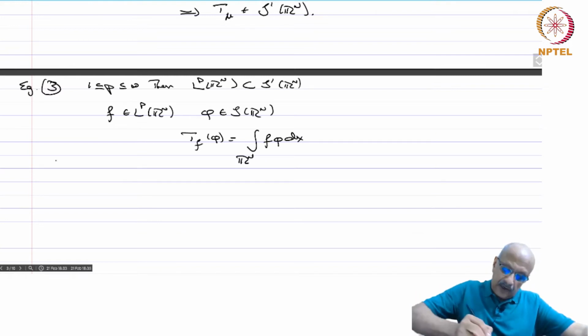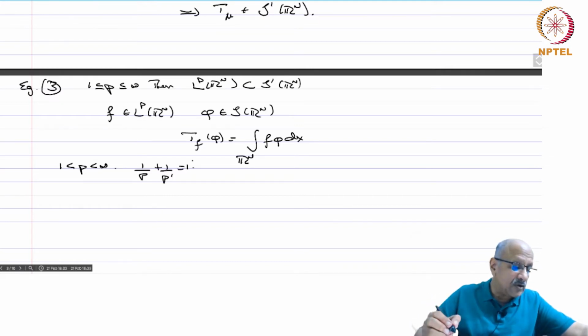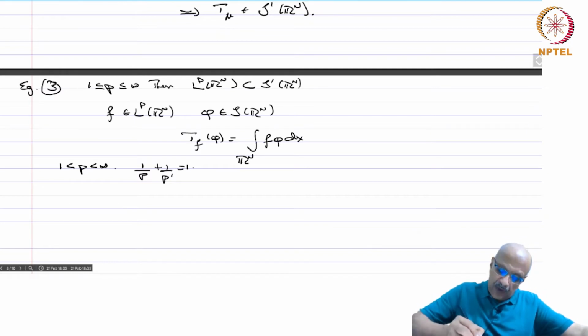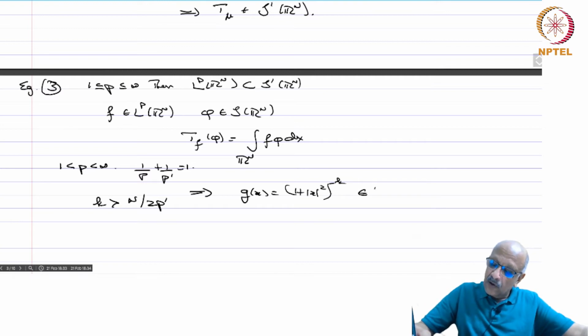Okay. So let us assume that 1 is less than p less than infinity and 1 by p plus 1 by p prime equals 1. So you have the conjugate exponent. If you have k greater than n over 2p prime, this implies that g(x) equals (1 plus mod x squared) to the minus k will belong to Lp prime of Rn.